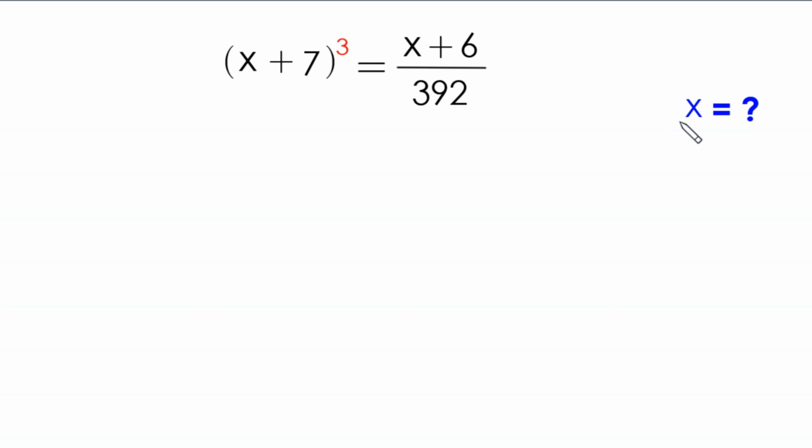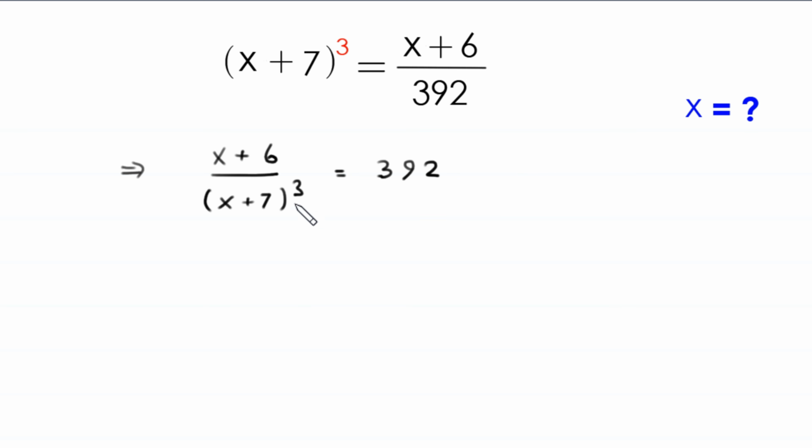So let's start. If we divide both sides by (x + 7)^3 and multiply both sides by 392, this implies that (x + 6)/(x + 7)^3 = 392.